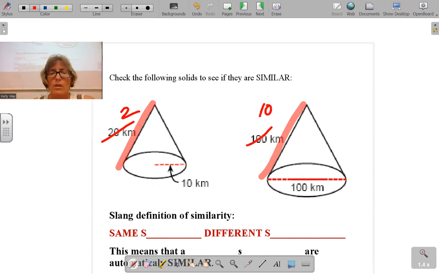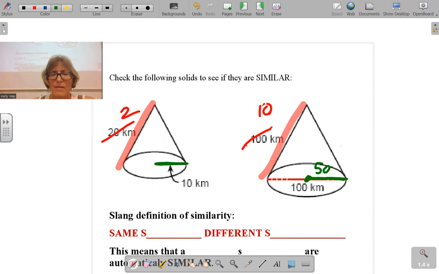Okay. Does that make sense? Yeah. Okay. So I got a 2 to 10 ratio, which reduces to 1 to 5. So here, my radius is 10. What's my radius over here? 50. What goes into both? 10.